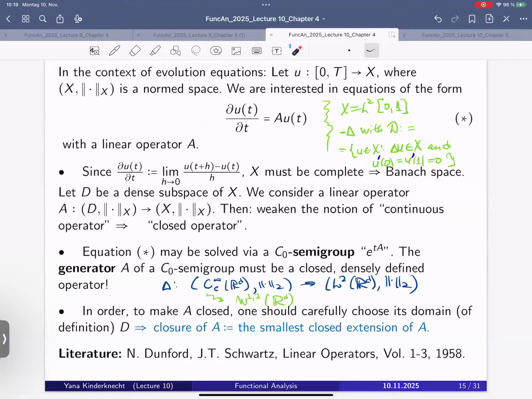So the conclusion: in the setting of evolution equations, one really needs closed operators. It is a very delicate question how to close the operators, if they are closable at all, etc. And it is a very delicate question how to choose the proper domain of definition to obtain an operator which we want.